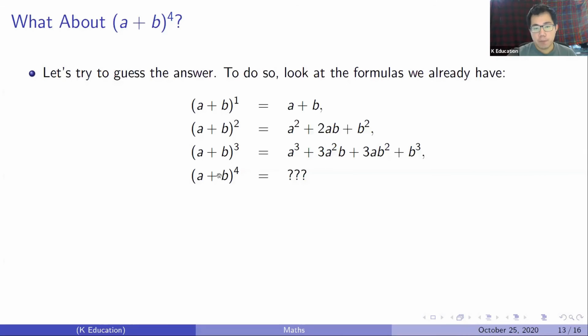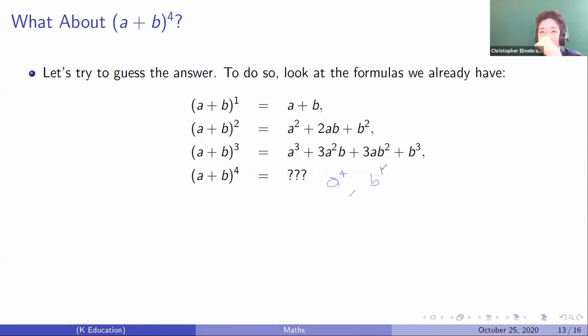So then you can guess that a plus b to the 4 must have some terms that resemble that, right? So Chris, if I asked you, what kind of terms would a plus b to the 4 have? I'm not asking about the numbers in front of the terms, but what kind of terms would you expect for a plus b to the 4? So you would have firstly a to the power of 4. And then you would have b to the power of 4, obviously.